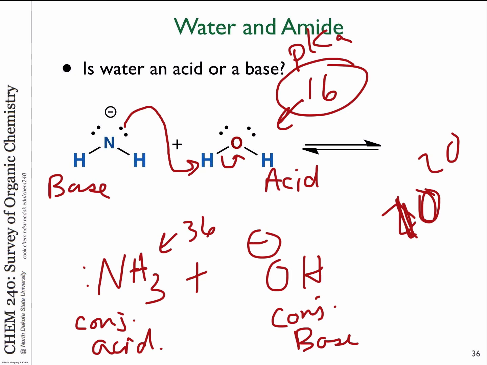It'd lie on the side of the right. Okay? Much more stable, much weaker acid than water. So the more reactive species are on the left, least reactive on the right. This is how we can use some of these concepts to help predict reactions.